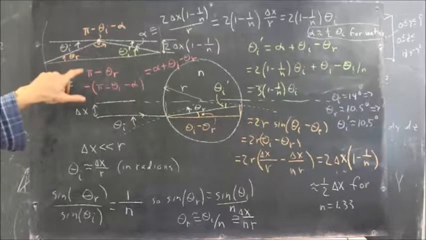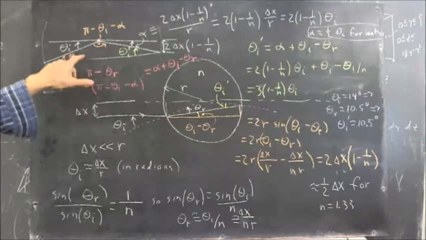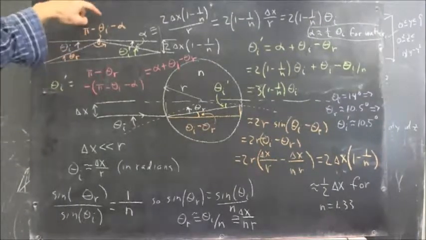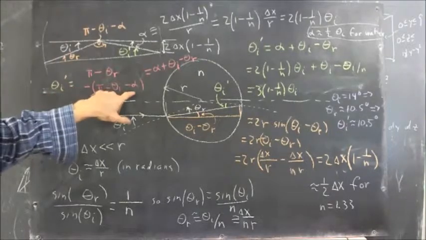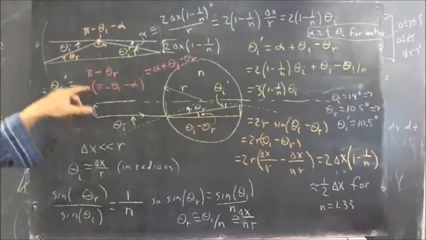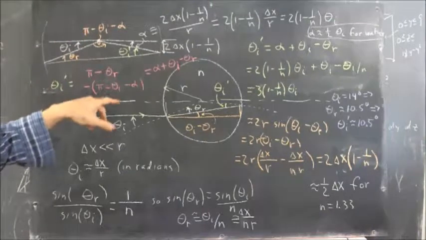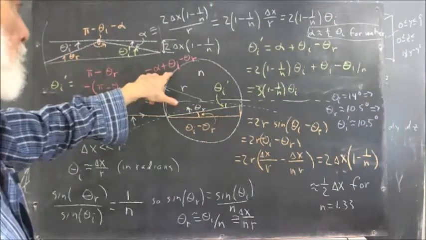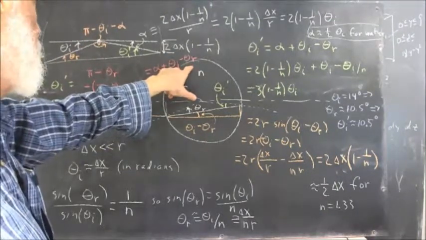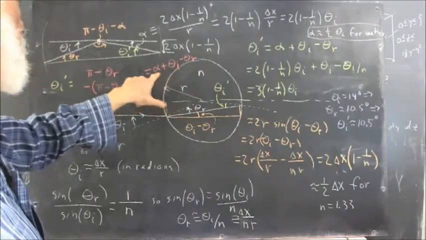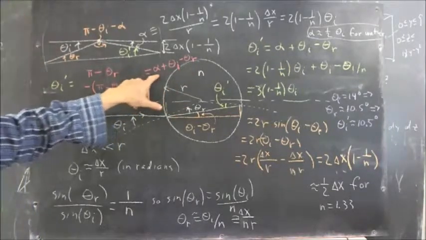We're going to take the 180 degrees of the pi, subtract the theta sub r, subtract the pi minus theta sub I minus alpha, and the pi's subtract off, so we're going to end up with theta sub I minus theta sub r plus alpha.